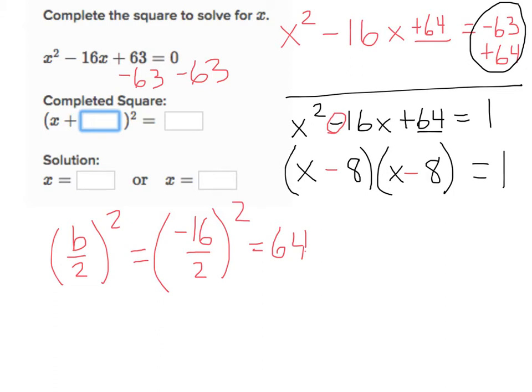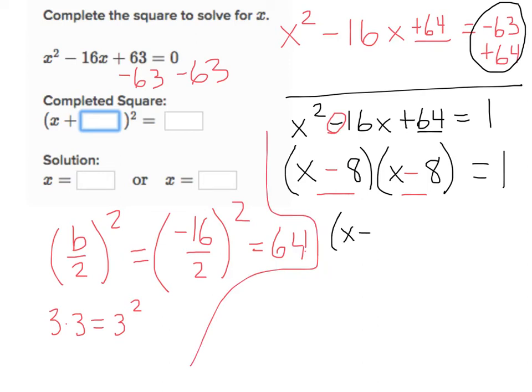All right, now, we said in the last video, 3 times 3 is the same thing as 3 squared. Because that's true, it's also true that x minus 8 times x minus 8 is the same thing as x minus 8 all squared equals 1.